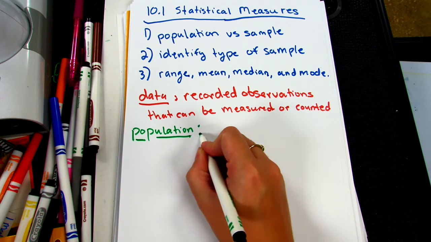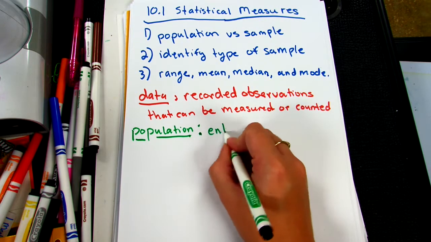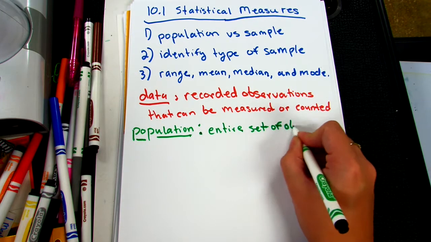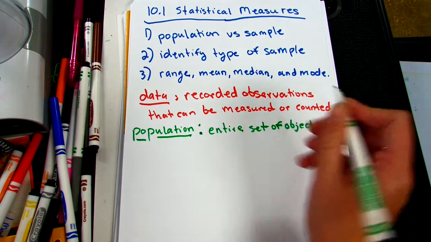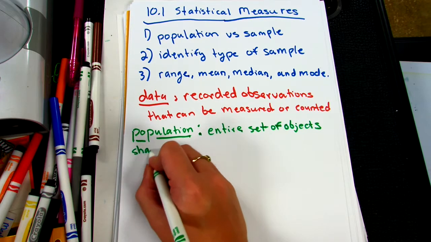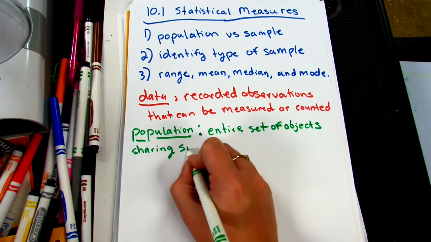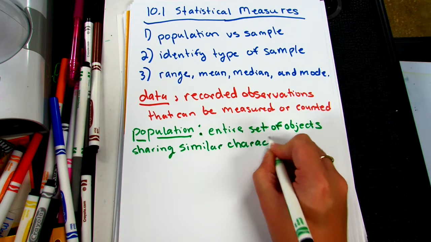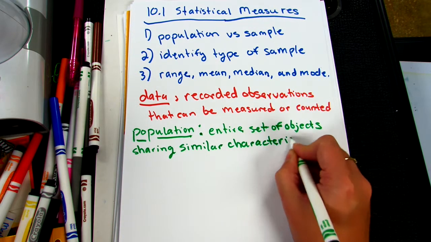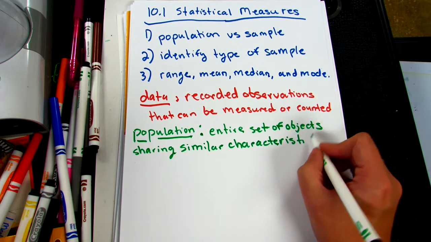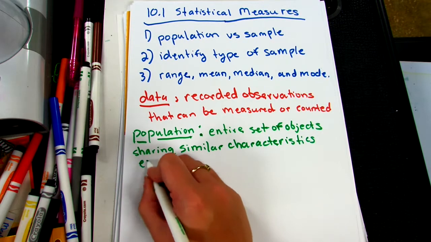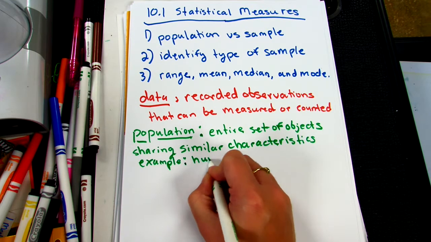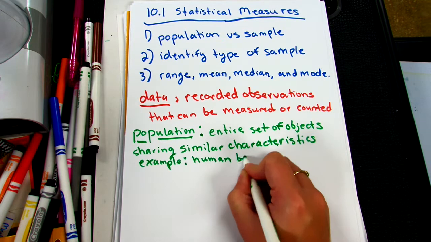So population is an entire set of objects sharing similar characteristics. Okay. So for example, human beings.